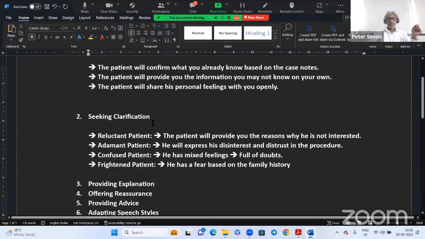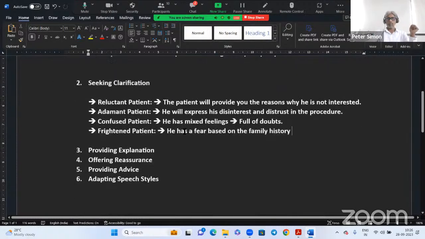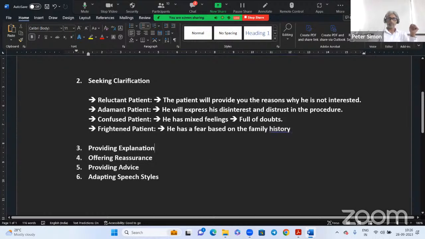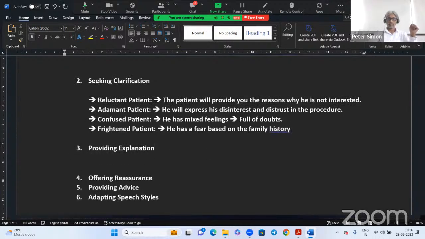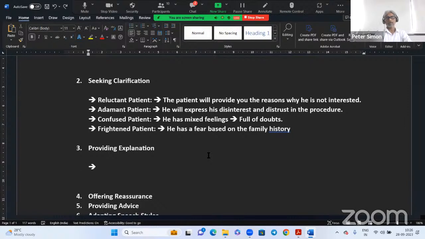The next one. So first, you will elicit information. Then based on that, you'll ask for clarification. Then you will provide an explanation. Now, he will give his reason why he is adamant, why he is confused, or why he is reluctant. When he gives the reason, then you can provide the explanation.